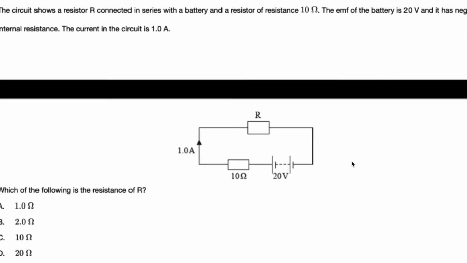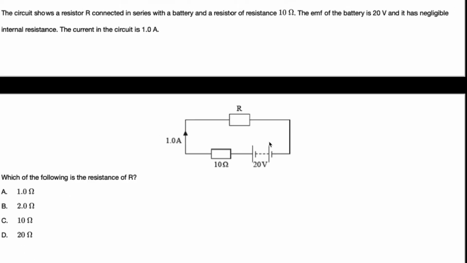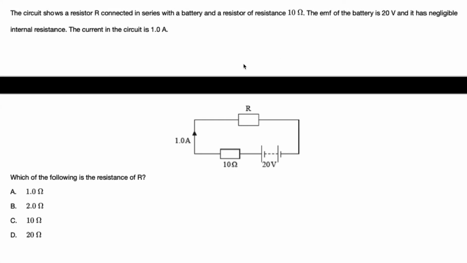The circuit shows a resistor R connected in series with a battery and a resistor of 10 ohm. The battery has negligible internal resistance. The current in the circuit is 1.0 ampere. Which of the following is the resistance of R?